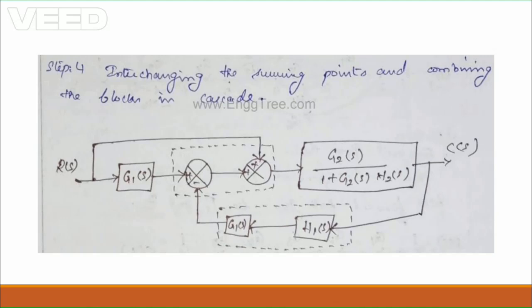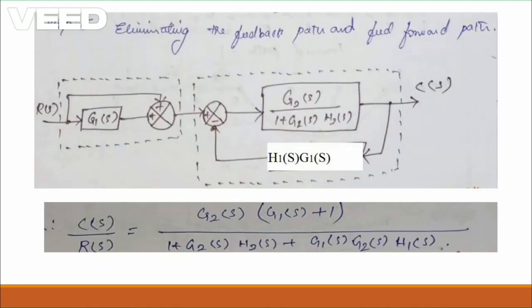Now we can interchange the position of the summing point also. Interchanging the summing point has no effect on the system, so I can easily interchange its position. In the next slide, I can split or interchange the summing point into different positions.